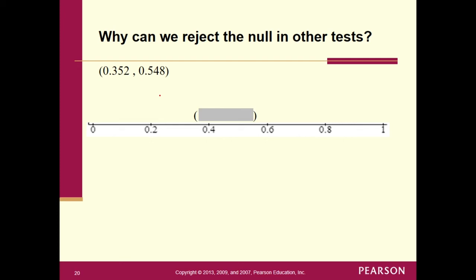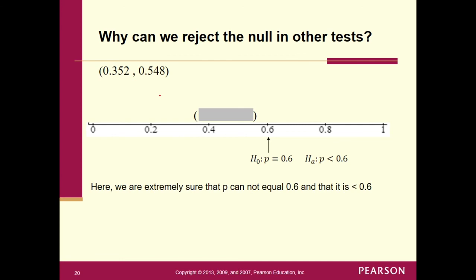Likewise, we could go to the opposite side of things and say that we tested if P was equal to 0.6 versus P is less than 0.6. So 0.6 is right here. Is that in our confidence interval? No. So it's not one of the possibilities for P. And we're pretty sure that P is going to be less than 0.6, because it's going to be somewhere between 0.352 and 0.548. So notice we can eliminate now P being equal to 0.6.